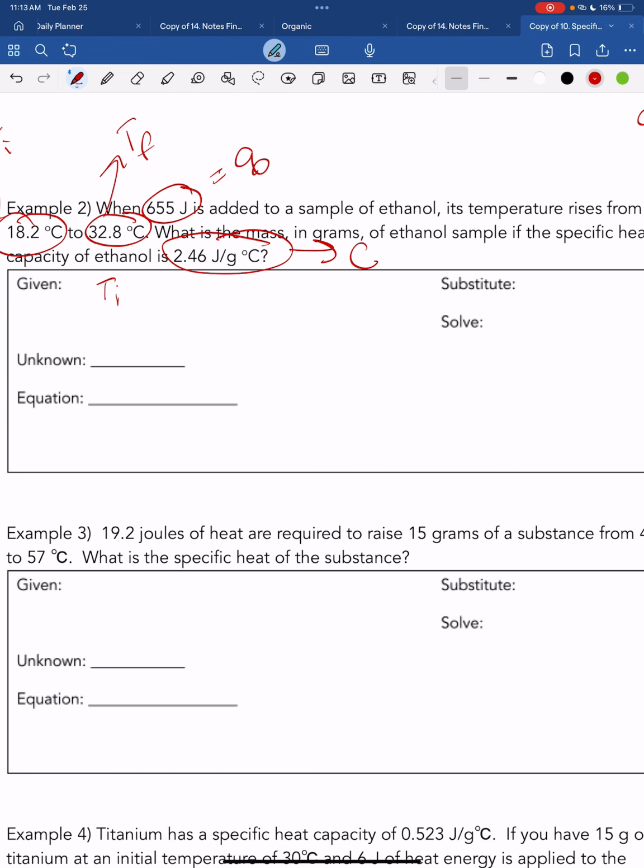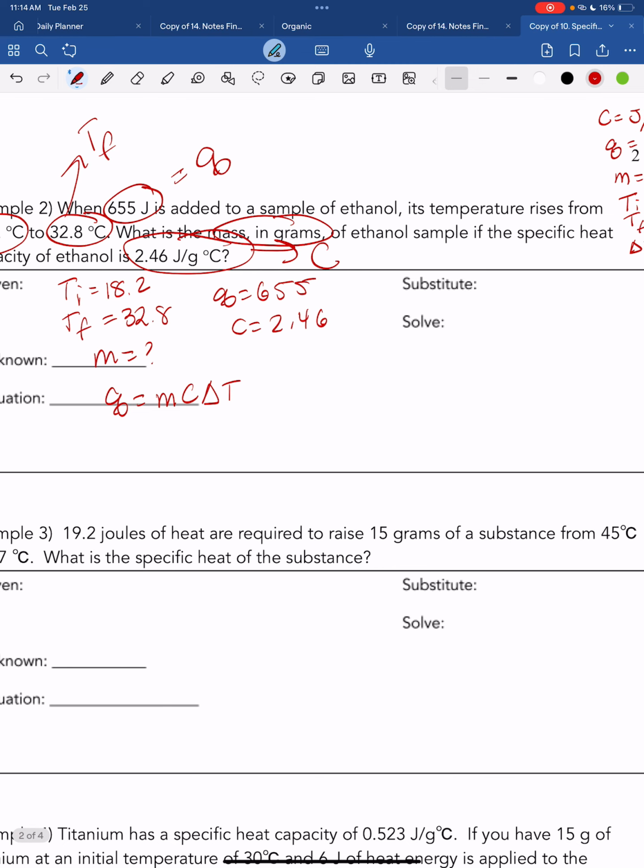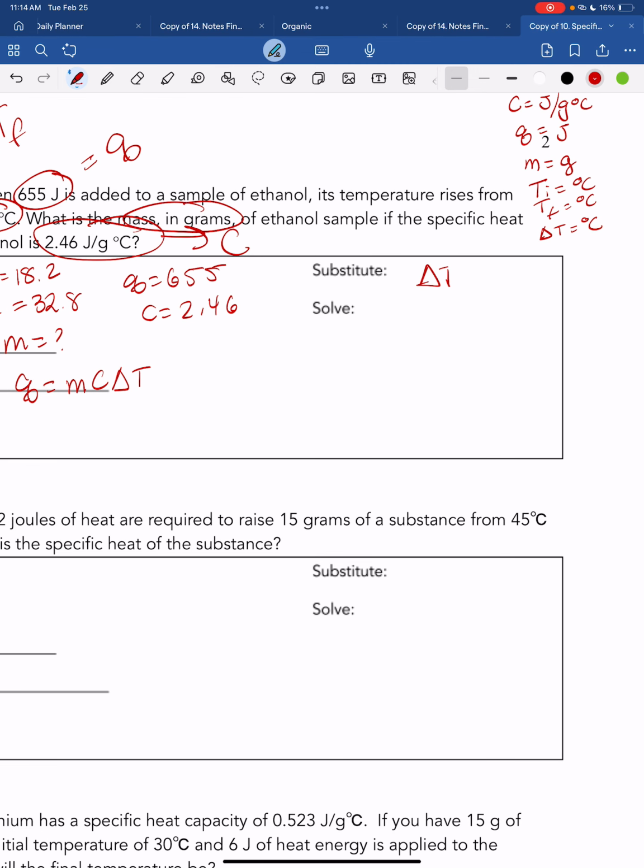So we have our TI is 18.2, TF is 32.8, Q is 655, and C is 2.46. We're solving for the mass, so our M. Here is our equation. Your first step is to solve for your change in temperature.